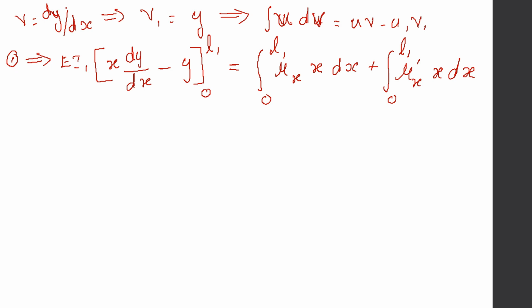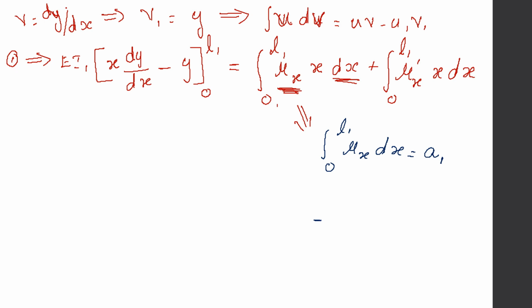In the moment diagram, this mu x into dx is the moment due to simple supports. So if mu x into dx is the moment due to simple supports, integration of 0 to L1 mu x into dx is equal to A1.